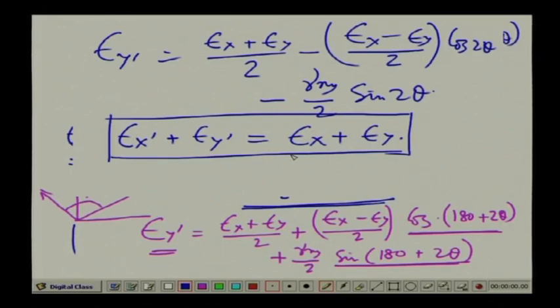Sigma x plus sigma y is equal to sigma x dash plus sigma y dash if it is oriented at a different angle, and the same thing holds good for the strain as well. The strain with reference to the rectangular axis system, epsilon x plus epsilon y, is equal to epsilon x dashed plus epsilon y dashed, which are with reference to the x dashed and y dashed axes.